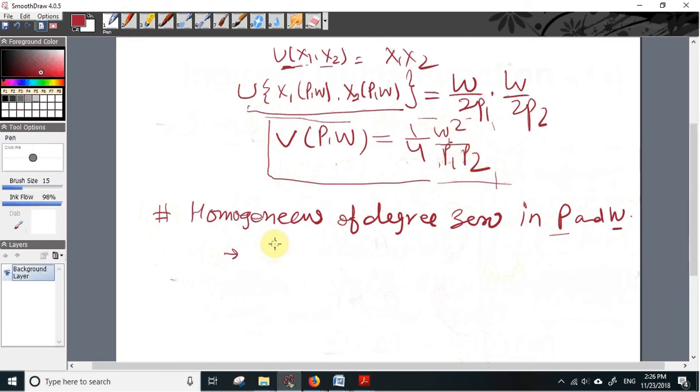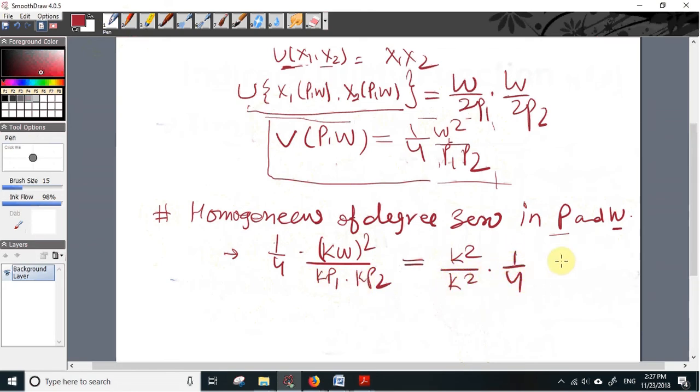Now this becomes 1 over 4 times (kw) square over k times p1 and k times p2. So what we did here is we just multiplied w by k and p1 and p2 by k, and this becomes k square over k times k, times 1 over 4 w square over p1 p2.